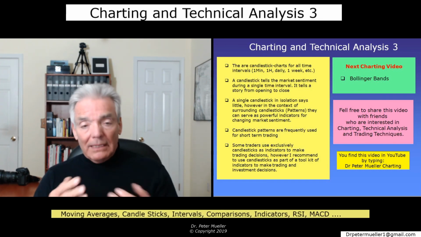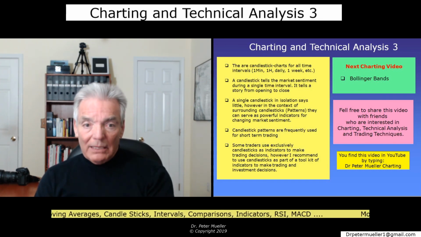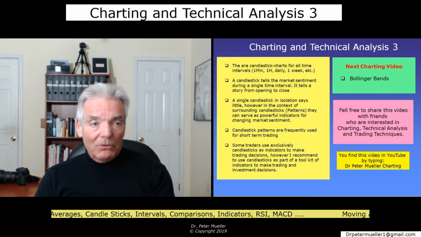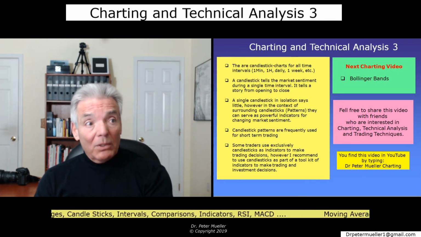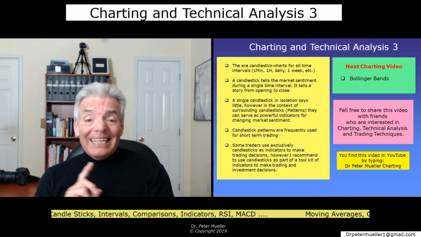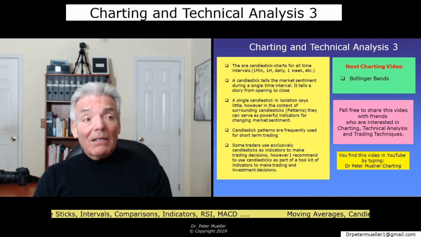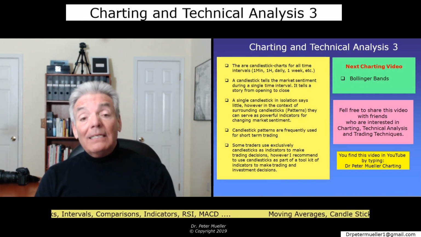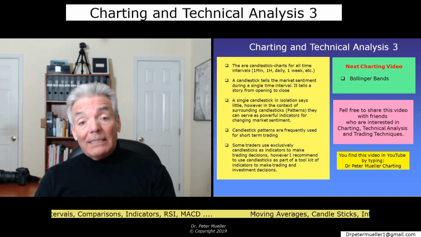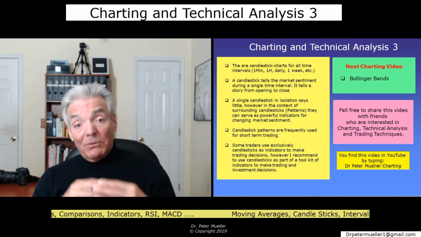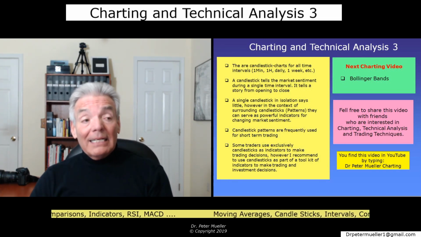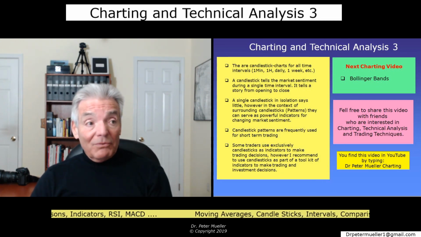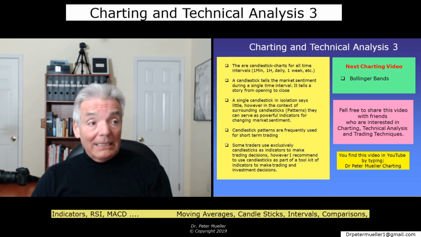I use it on a daily basis, and it is one of the tools I'm using to figure out turning points of trends. A single candlestick seldom says a lot. However, when you look at them in the context of the preceding ones, when you see certain patterns, then it becomes a very powerful instrument.